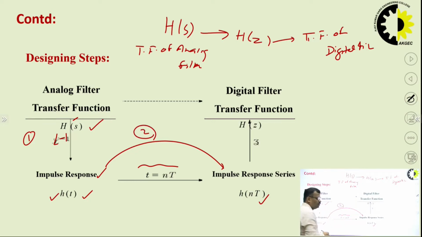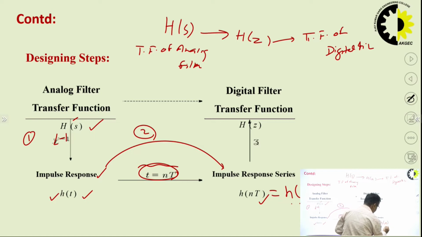What do you have to do? Uniform sampling. It means you have to convert it into its equivalent signal in the discrete domain. Mathematically, you put t equal to nT, then you get h of nT, and this h of nT is equal to h of n. This is the impulse response in the discrete domain, or impulse response sequence.